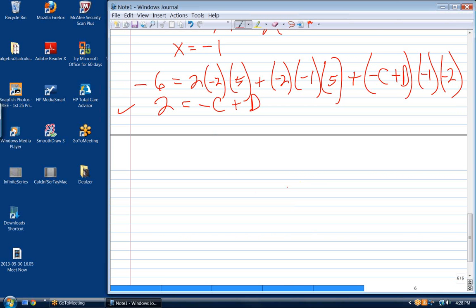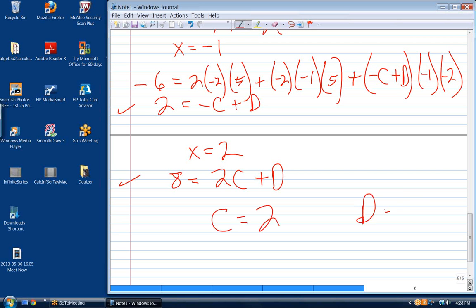The next easiest x to pick is x equals 2. If you go through the same arithmetic, we get 8 equals 2C plus D. That's our second equation, and we can combine it with the other equation and solve the system, and we get C equals 2 and D equals 4.